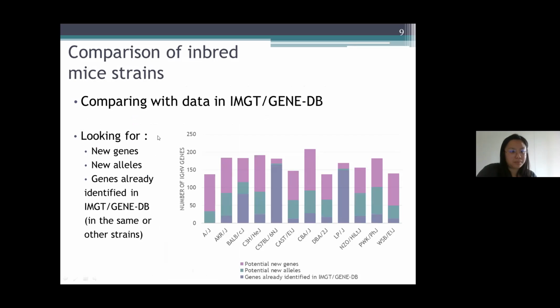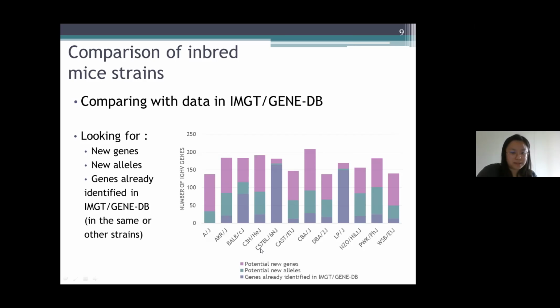I was looking for potential new genes, potential new alleles, and genes that were already identified in IMGT GeneDB in the same or in other strains. So in blue, we have genes that were already identified. In green, potential new alleles, and in purple, potential new genes.